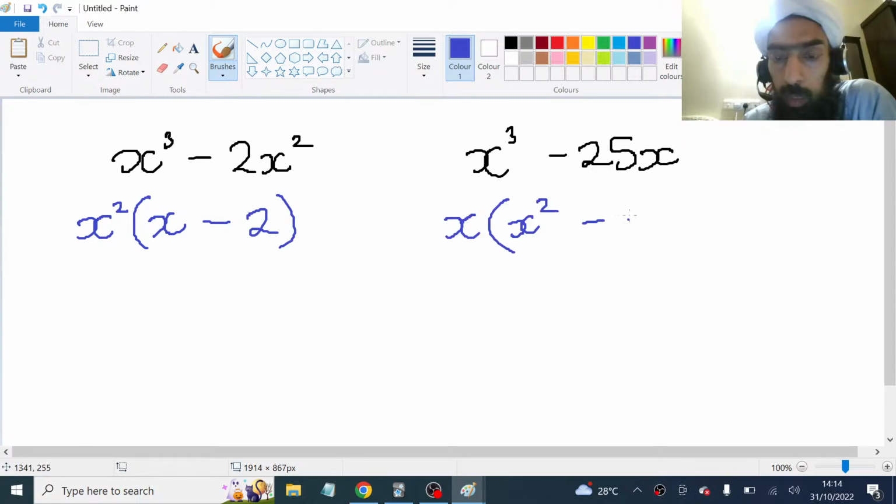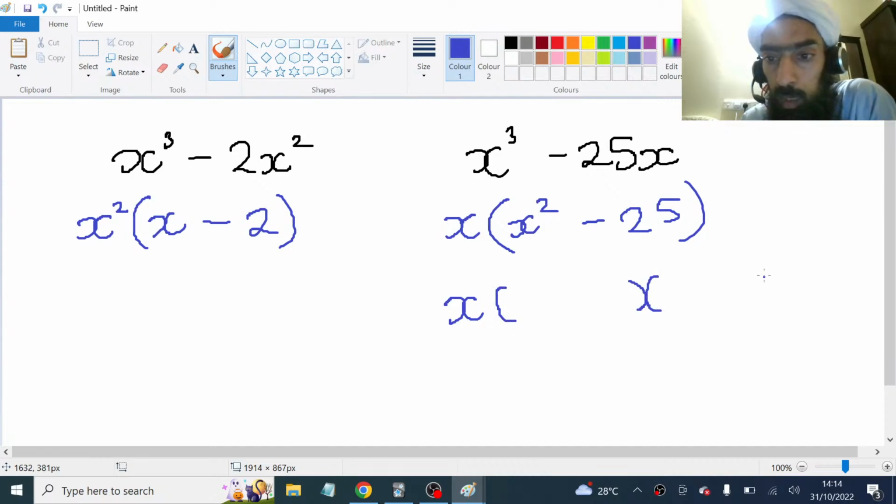You can times something to make 25x. That would be 25. But don't stop there. What you notice from earlier lessons is this is called difference of two squares, so you can factorize this into another two brackets. So I've got x from here, but then the next bit can factorize into two brackets itself.